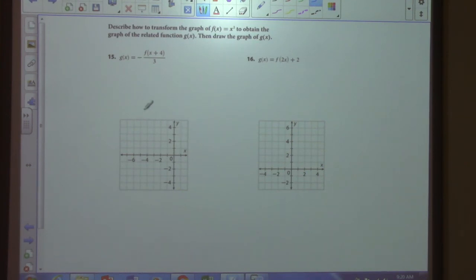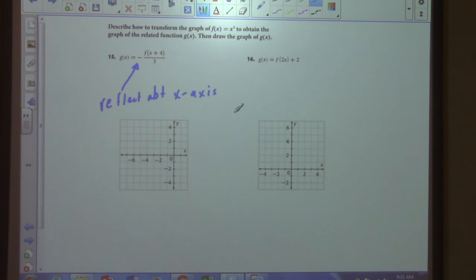It's a negative. Yeah, so it reflects about the x-axis. Sometimes the order is important in some of these things. Sometimes you want to reflect last, but I don't think it matters in this case. So that's what the negative does.